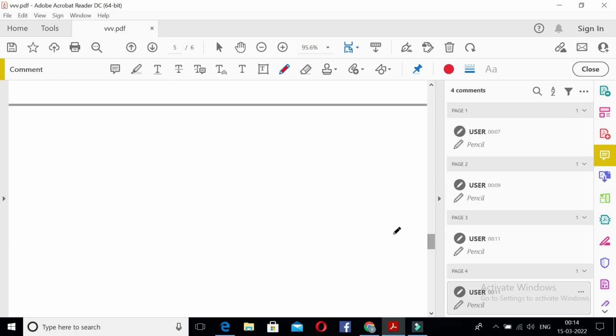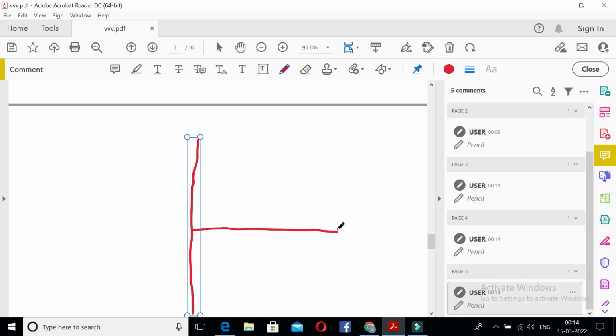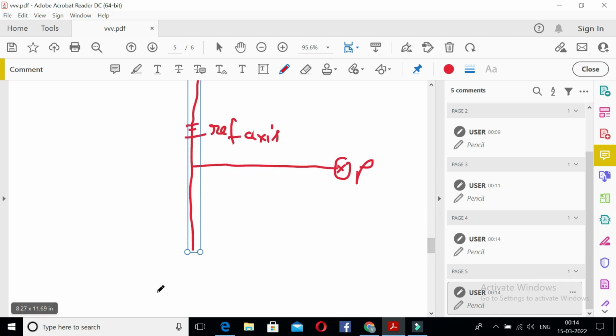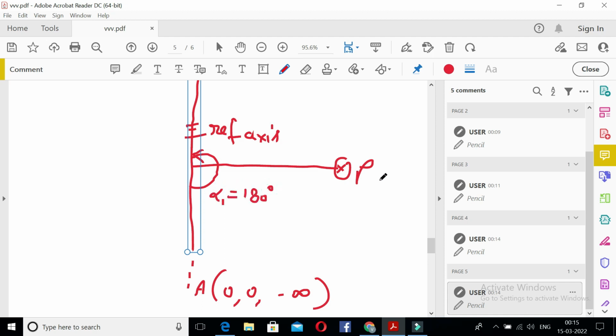So this is P, and this is the reference axis. This is B and this is A, 0, 0, minus infinity. All angles will be calculated anti-clockwise. So this angle is 180 degrees. So alpha 1 is 180 degrees.